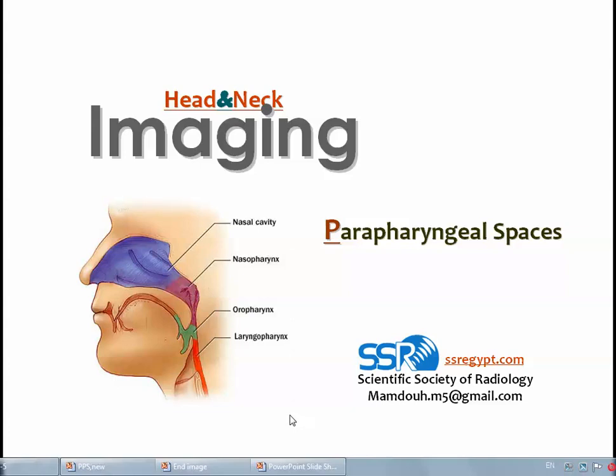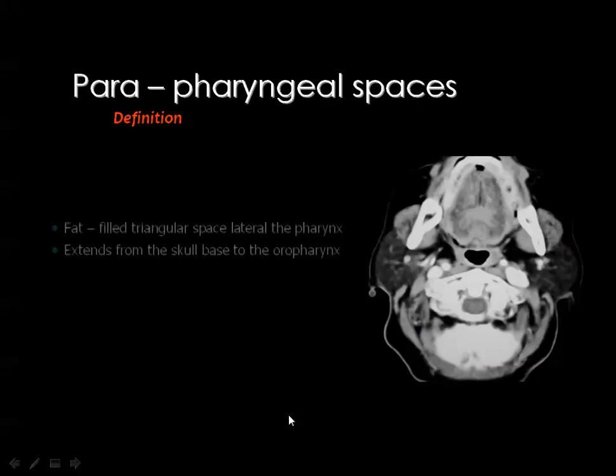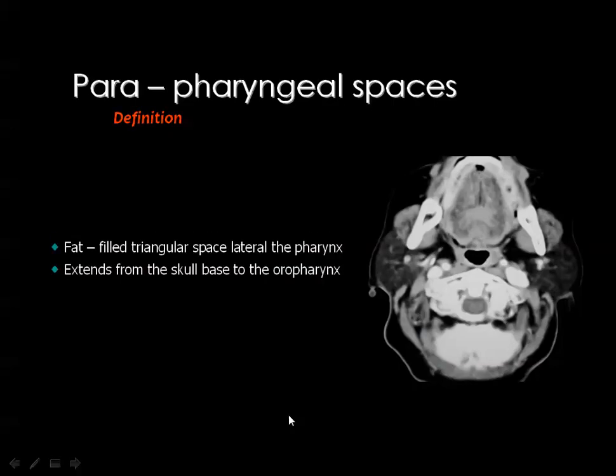In order to know the anatomy of the parapharyngeal spaces, you look in the axial images of the CT or MRI, and you identify the pharynx. This is the region of the oropharynx, and you look on either side of the pharyngeal air column.